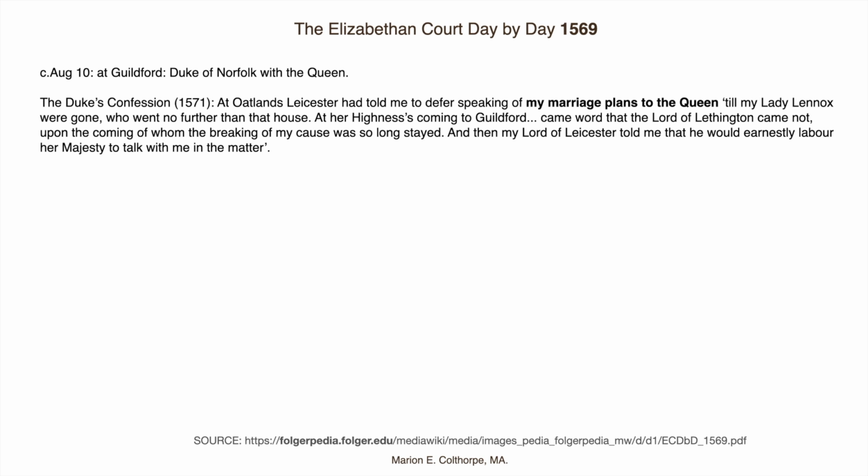Now, the scene is said to have happened on the 10th of August at Guildford, and the account comes from the Duke of Norfolk's 1571 confessions writing about this day. I've emboldened some relevant things for emphasis which I believe may have inspired Yeames.